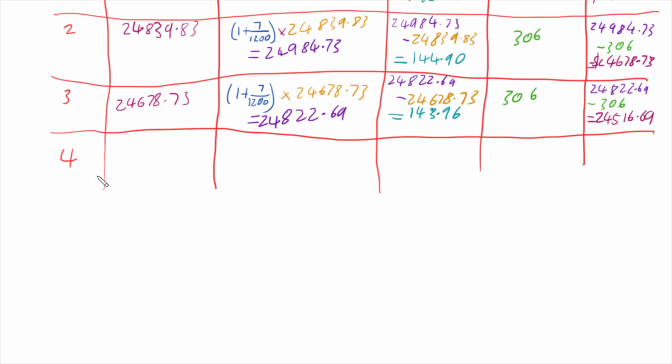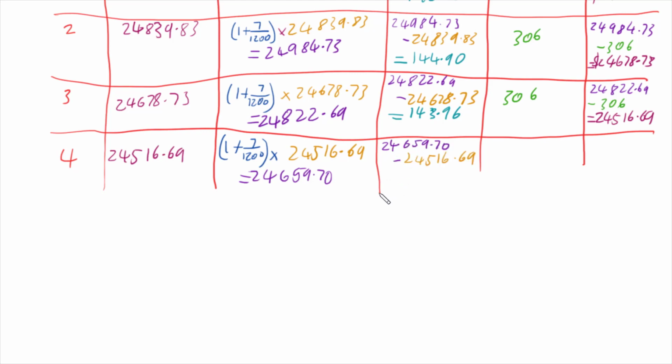So we bring our previous month's ending value over, we multiply by little r, 1 plus 7 on 1200, multiply by our principal for this period, and that gives us $24,659.70. We then minus off our principal, so that way we can work out our interest, and that gives us an interest paid this month of $143.01.